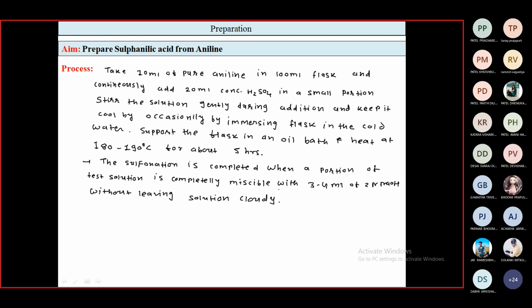Now the product is formed. Now allow the product to cool to about 50 degrees Celsius temperature, and pour it into a beaker having ice.